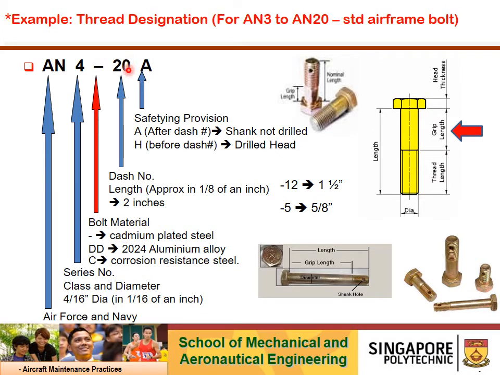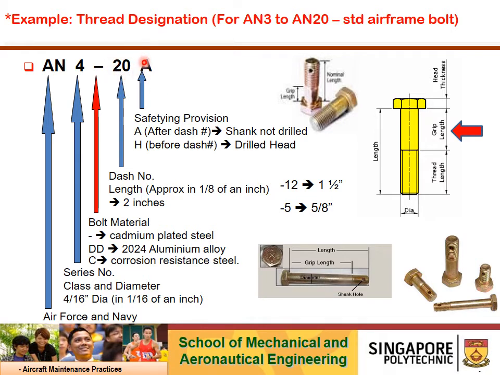And 20, okay, the AN bolt is quite interesting. It doesn't give you a direct indication of the grip length of the bolt. A rivet part number is a direct reading of 1/16. In this case we will talk about this 20 at a later part of the slide.